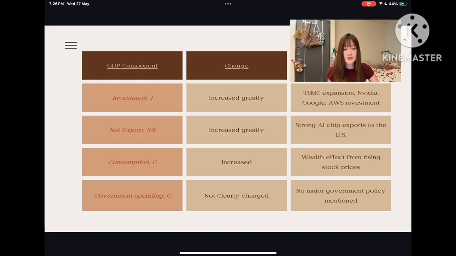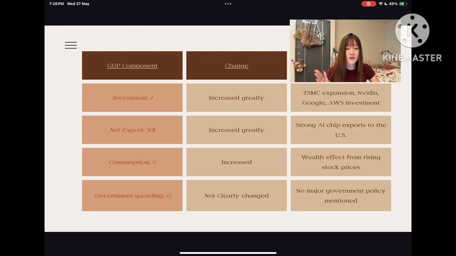At the same time, domestic companies, especially TSMC, increased capital expenditure on advanced semiconductor production, including 2nm technology and CoWoS packaging facilities. These activities all count as investment because firms are spending money on factories, technology, equipment, and infrastructure. Therefore, the AI boom caused a very strong increase in private investment.